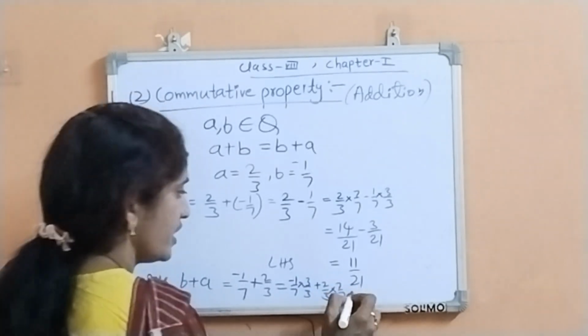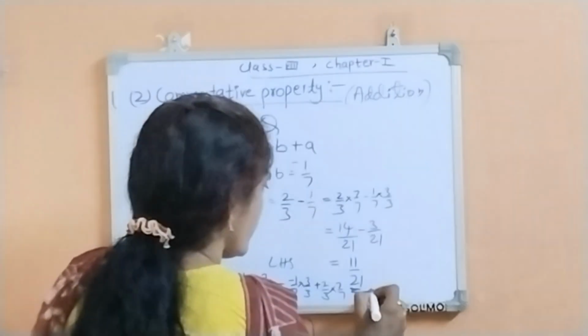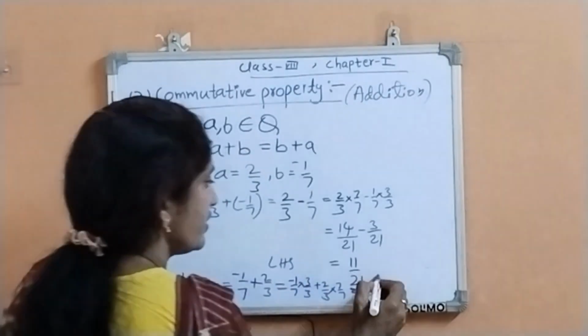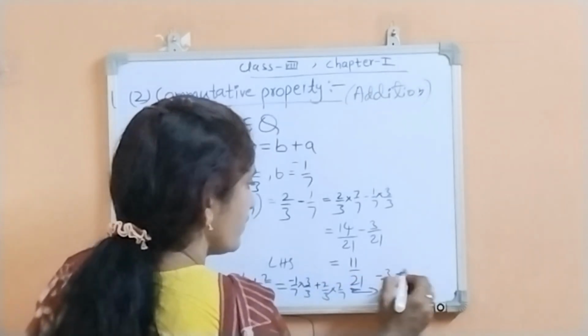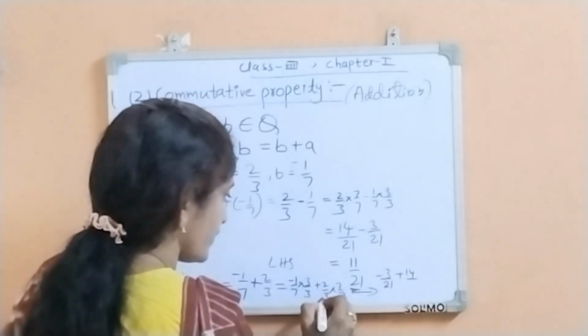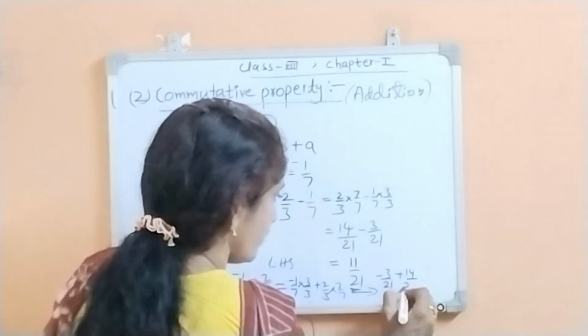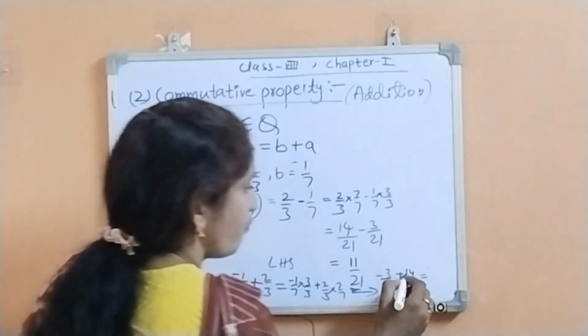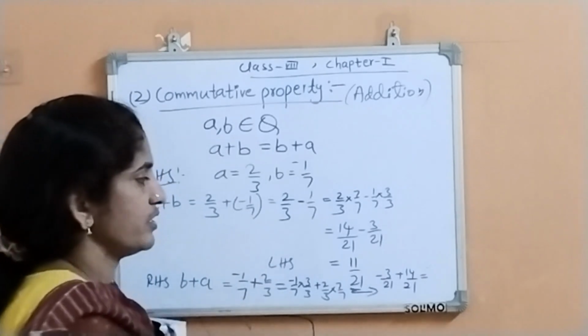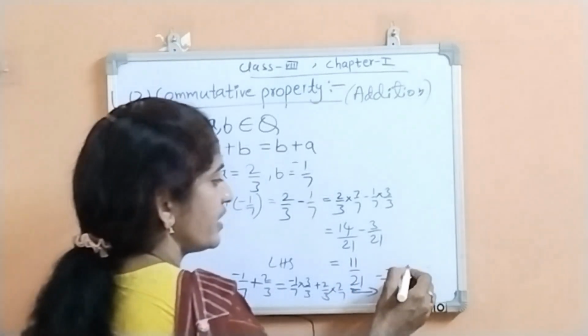So minus 1 3s are 3 by 3 7s are 21, plus 2 7s are 14 by 3 7s are 21 we are getting. So plus 14 minus 3. So what will we get?